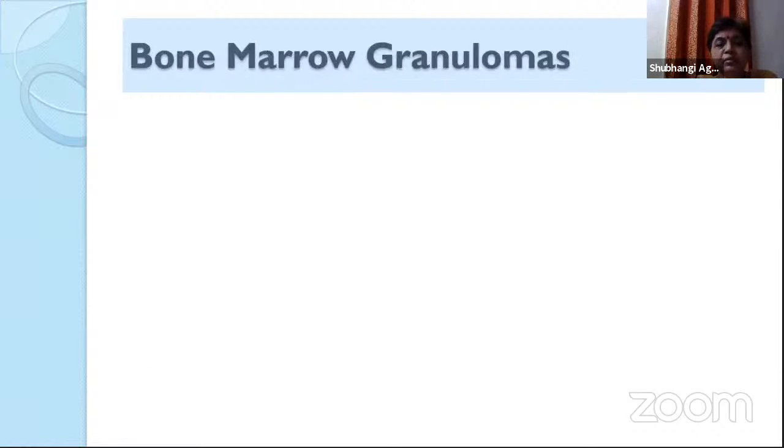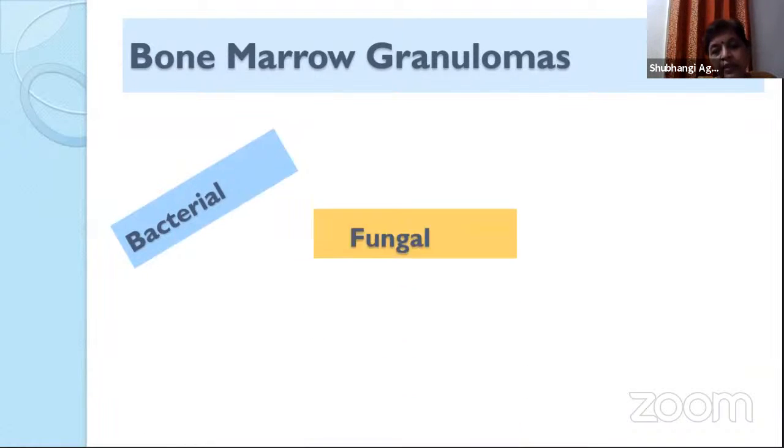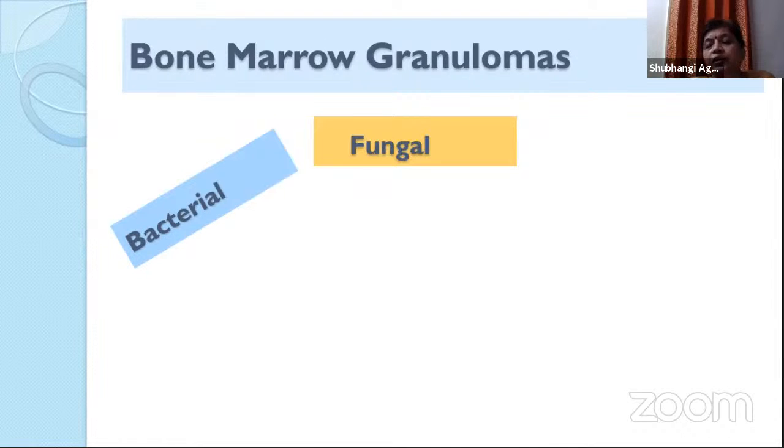Now, if you consider bone marrow granulomas, the origin can be bacterial, such as tuberculosis or Mycobacterium avium intracellulare. They can be fungal, histoplasmosis and cryptococcosis. They can be viral, HIV, EBV, and other viruses.